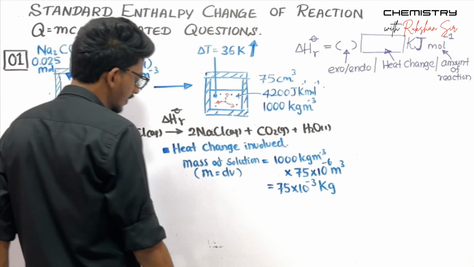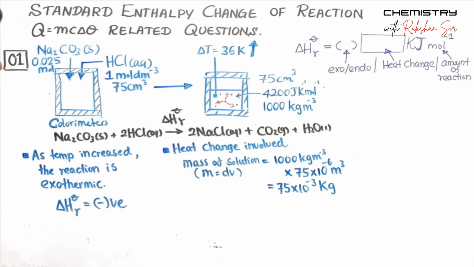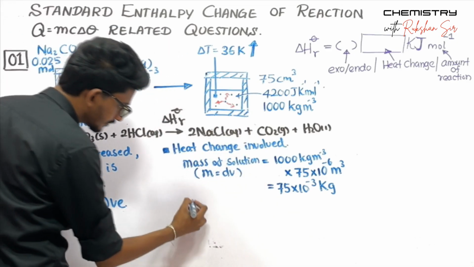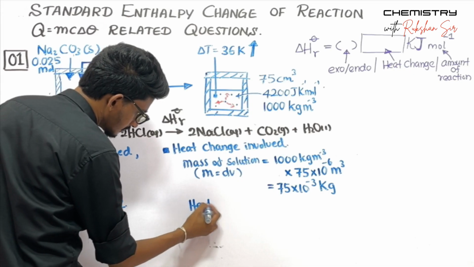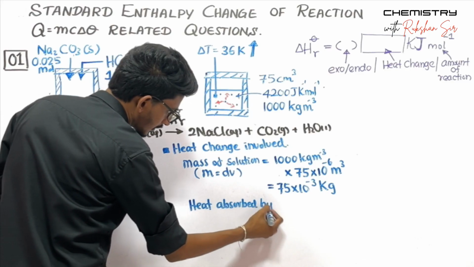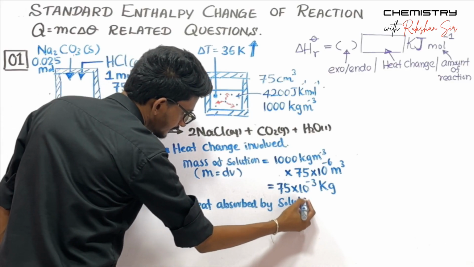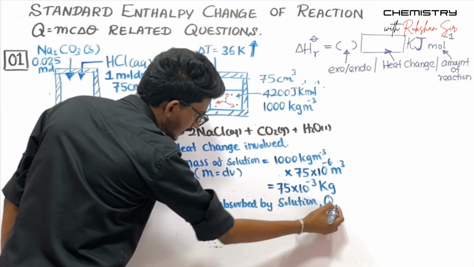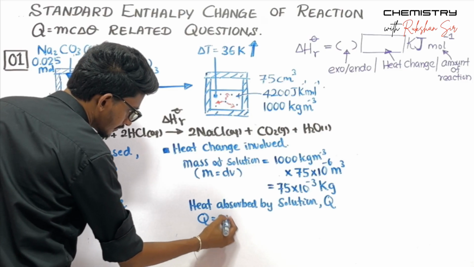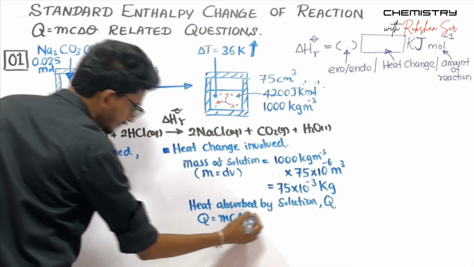So now we can use the Q equals mc delta theta to come up with the heat absorbed by solution. Heat absorbed by solution is Q. If it is Q, so Q is equal to mc delta theta.